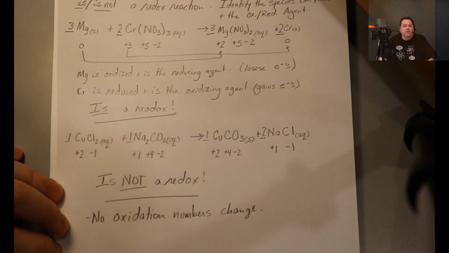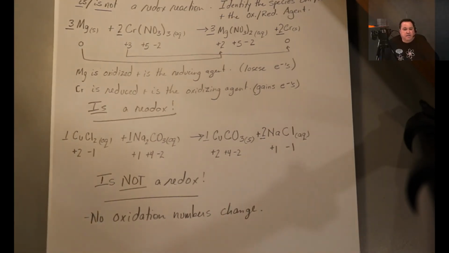So again, expect that double displacements will usually not be redox reactions, but the proof is in assigning oxidation numbers and proving whether they do or do not change.